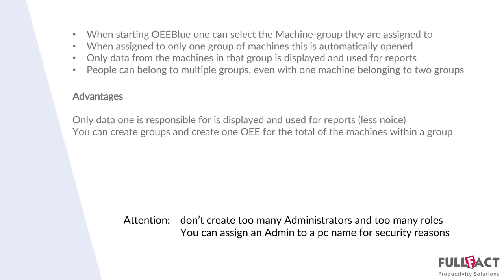If one administrator wants to change an activity, this has to be communicated to all the other administrators, because if an error occurs, an administrator has to know that activity has been deleted or renamed to something else. And you can assign an admin to a PC name for security reasons, so that the admin role can only log in on that certain PC.